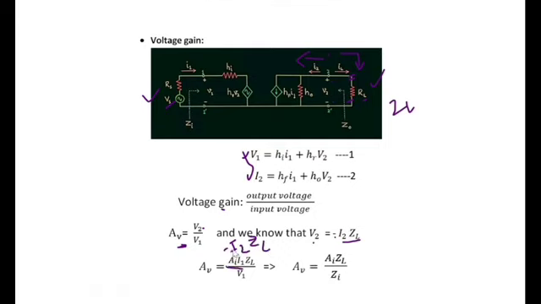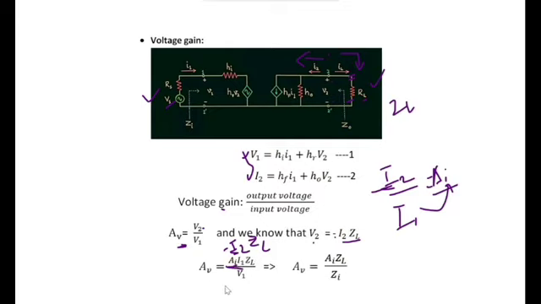We know that I2 by I1 is nothing but AI, that is the current gain. To describe this I2, we have taken I1 to this side, and then this will be AI into I1. So we have replaced I2 with AI into I1.